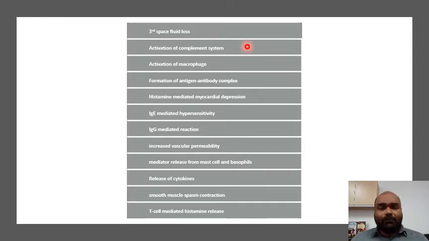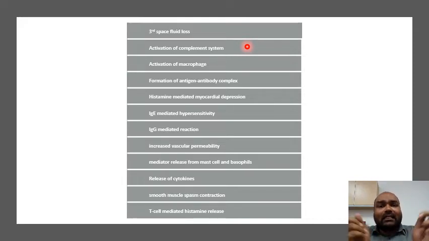The moment basophils in the blood or mast cells in the lungs encounter a foreign body or allergen which they don't like, what happens is that outside the cells, they have antennas, and these antennas are known as IgE antibody antennas.